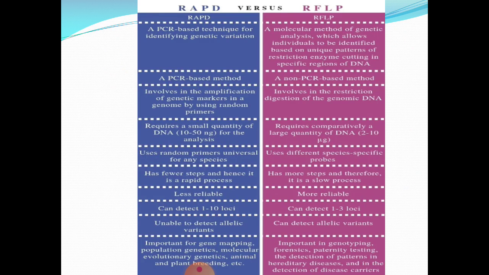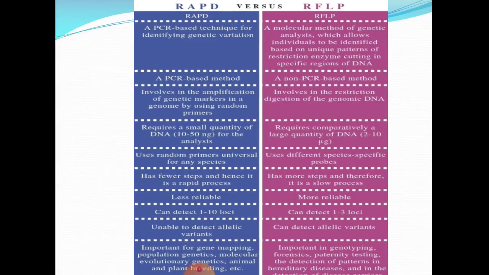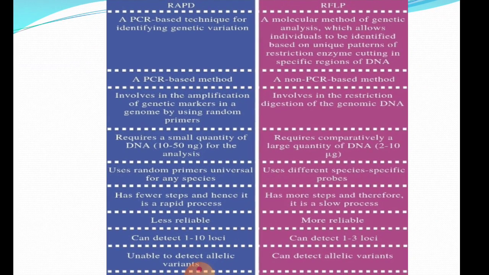This slide will compare the RAPD and RFLP techniques. Let us see one by one. I'll just zoom in. RAPD is basically a PCR based technique for identifying genetic variation. But RFLP is a molecular method of genetic analysis which allows individuals to be identified based on unique patterns of restriction enzyme cutting in specific regions of DNA.